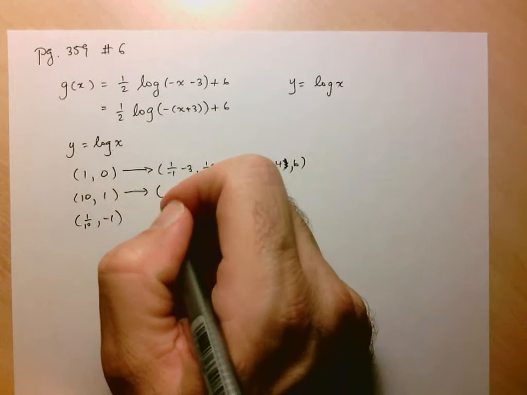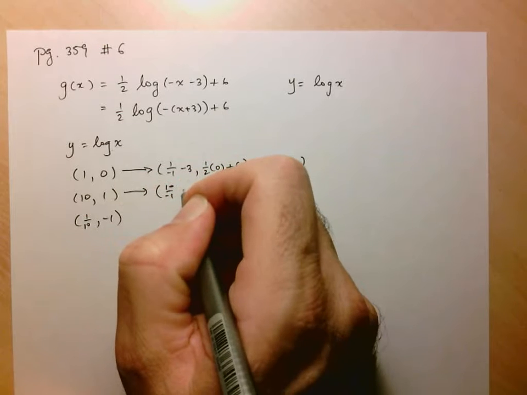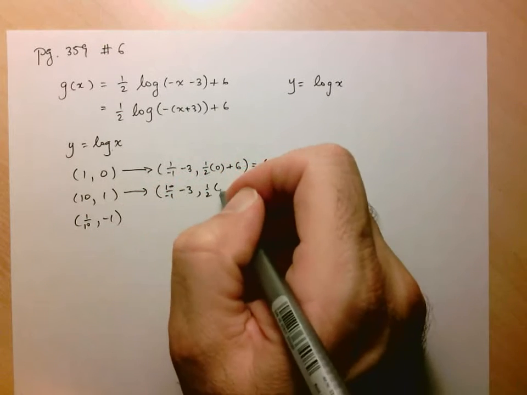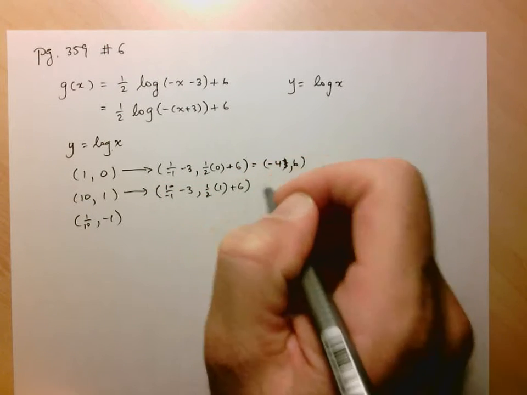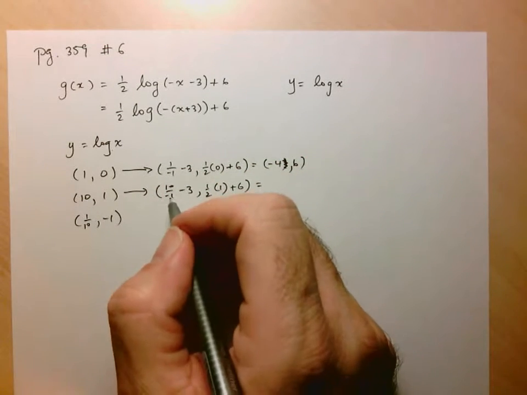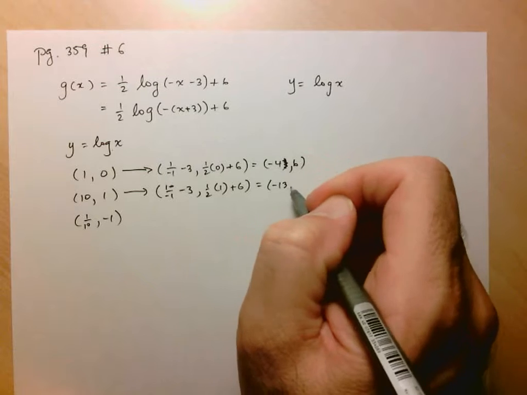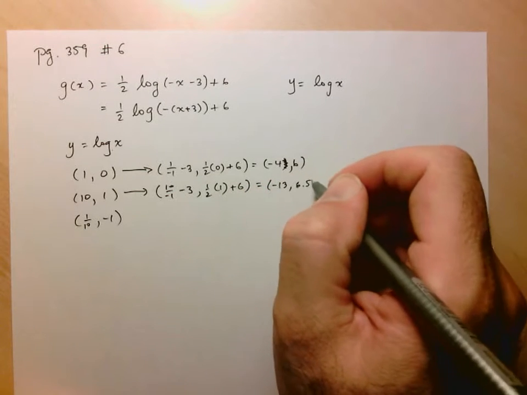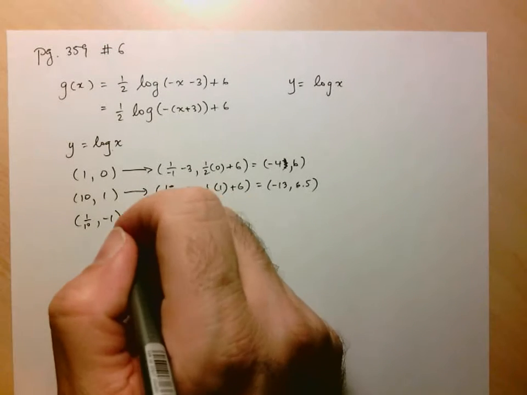Here we've got 10 divided by -1 minus 3. Here we have 1/2 times 1 plus 6. So here we have -10 minus 3, -13. Here we have 1/2 plus 6, so that'll be 6.5. Keep going.